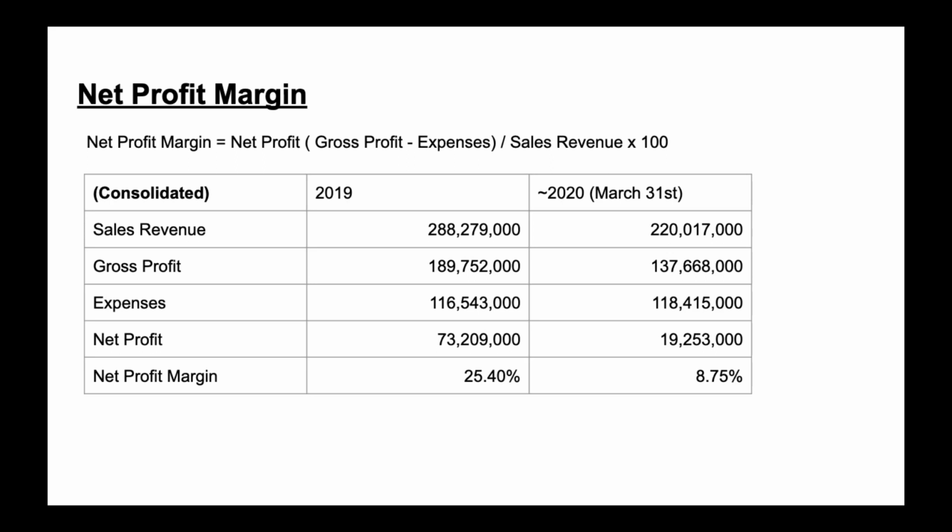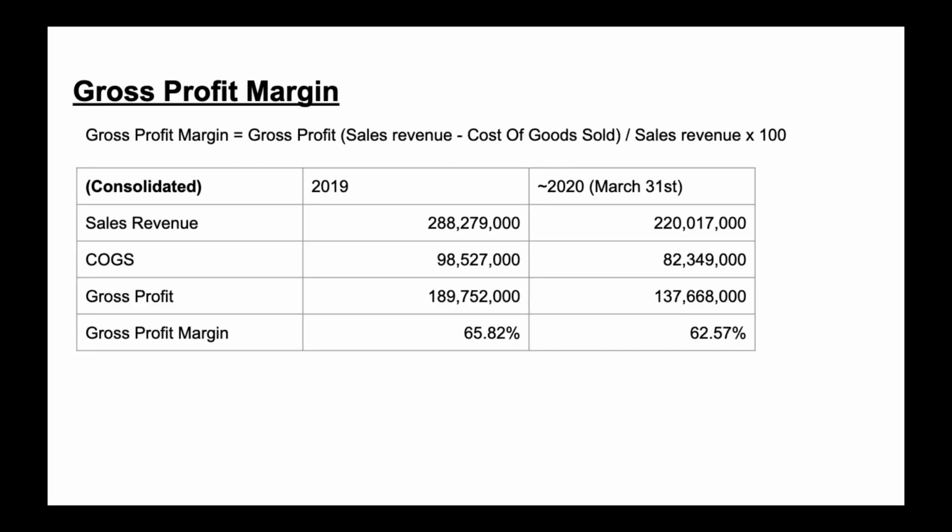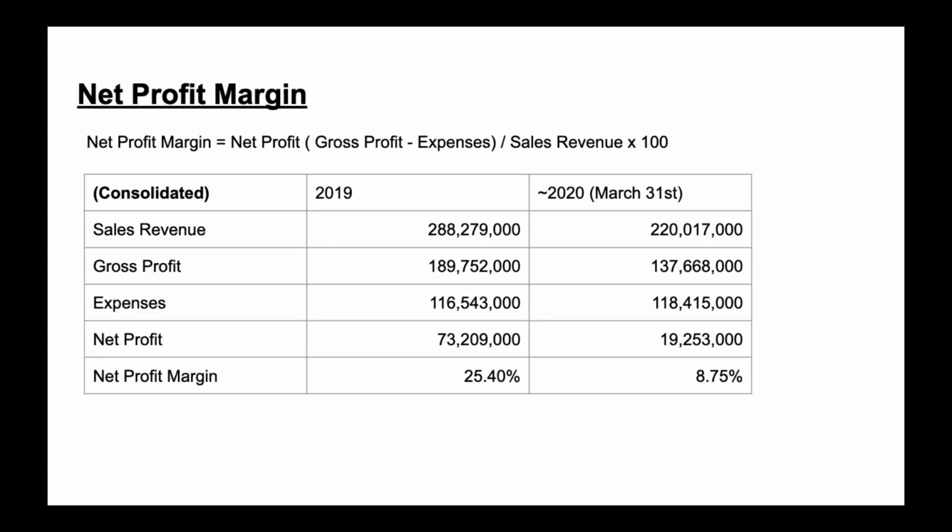This is a significant drop in their net profit. This may be due to the decrease in sales revenue, which decreased by 60 million baht, resulting in a wider gap in net profit margin, since the expenses stayed the same, although they haven't saved as much.